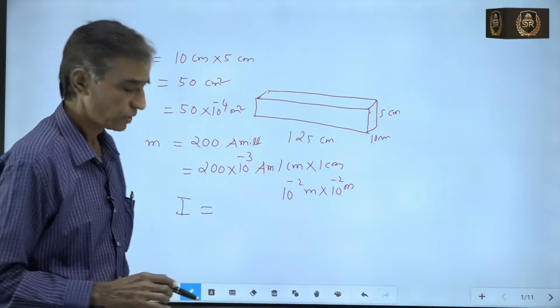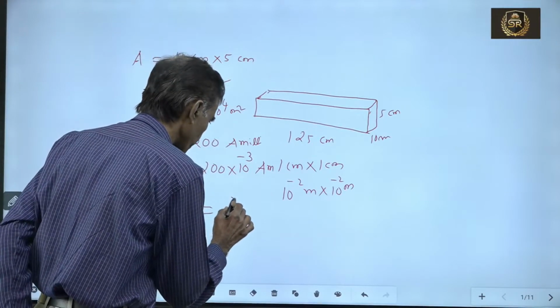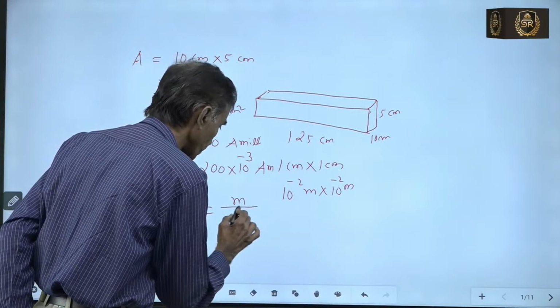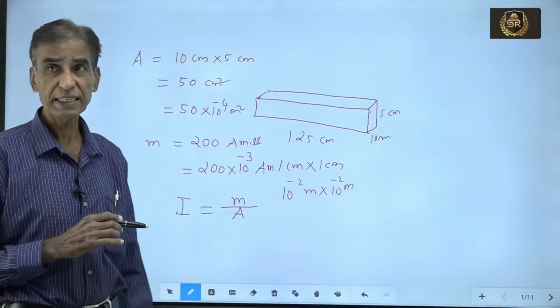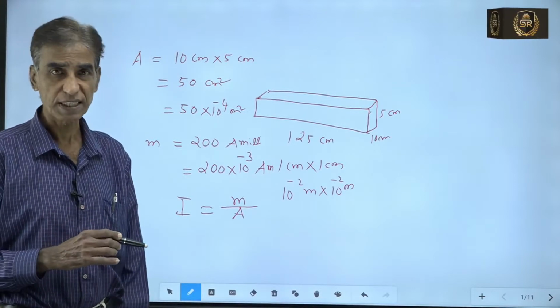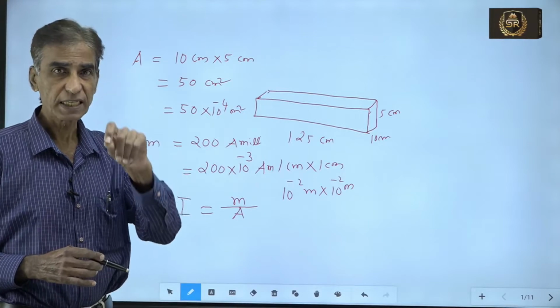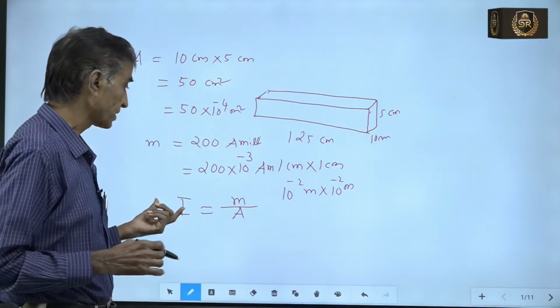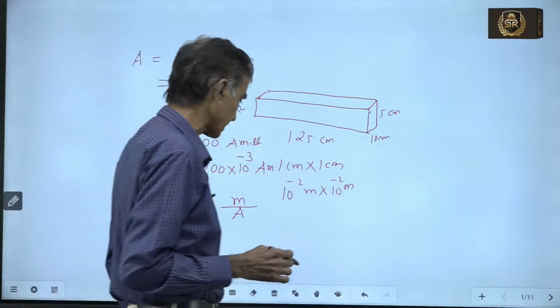We want it in terms of pole strength now, so I equals m by A, pole strength by area of cross section, that is pole strength per unit area. That is also how we define I. Now just substitute the other values and we will get the answer.